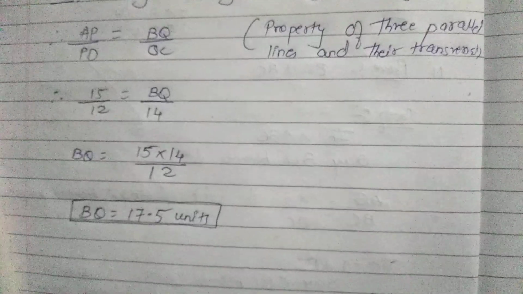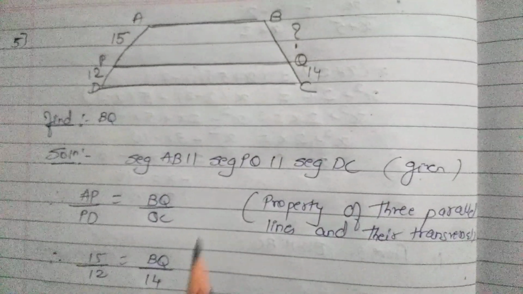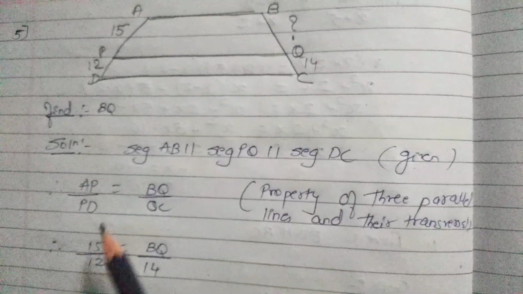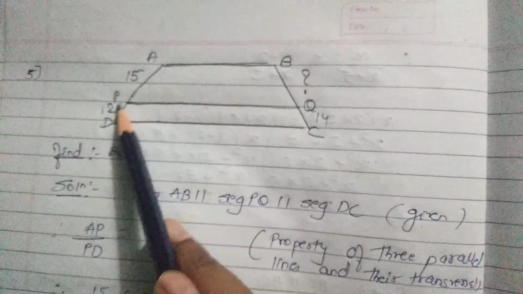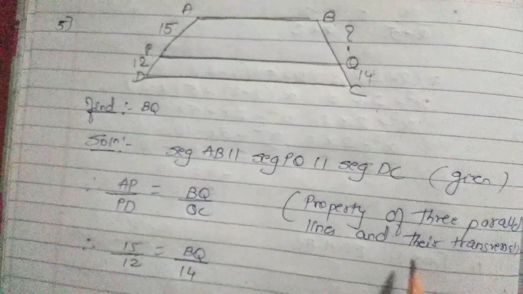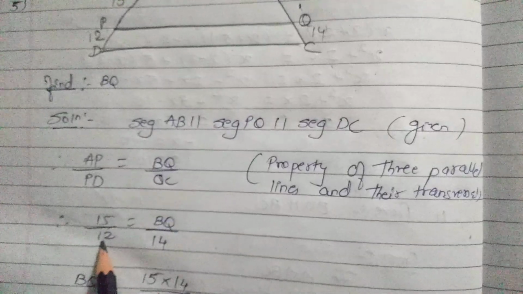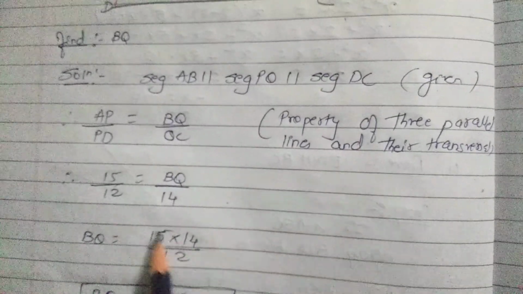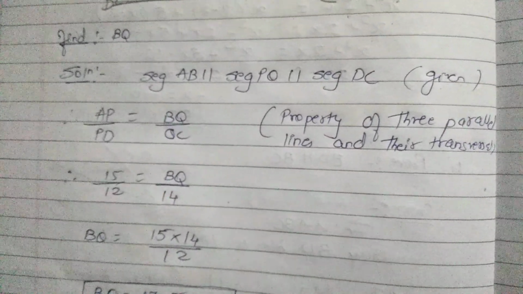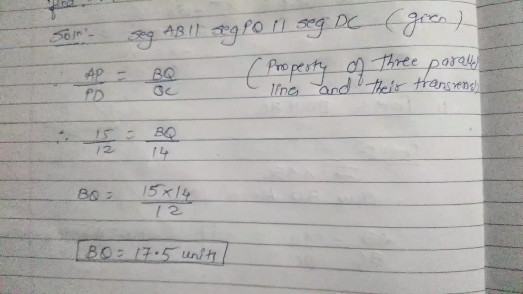We will solve this sum by using the property of three parallel lines and their transversal. We will take the ratios. AP upon PD equals BQ upon QC. Substitute the value, cross multiply and get the answer of PQ. It's very simple.